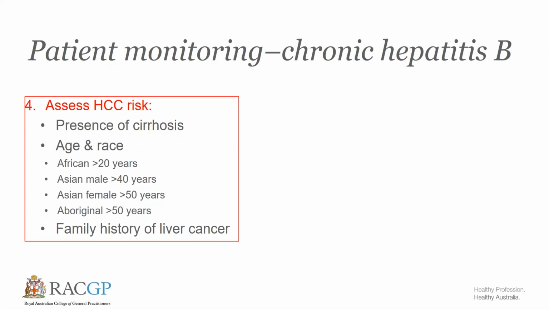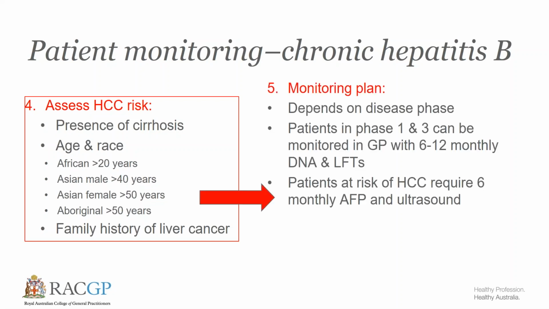Age and race, so in particular Africans from the age of 20 years, Asian males and females from 40 and 50 years, and Aboriginal people from 50 years are at increased risk of hepatocellular carcinoma, irrespective of other contributing factors. And then people with a family history of liver cancer are also at risk. So if your patient has any of these risk factors, on top of monitoring their hepatitis B, they need hepatocellular carcinoma surveillance as well.